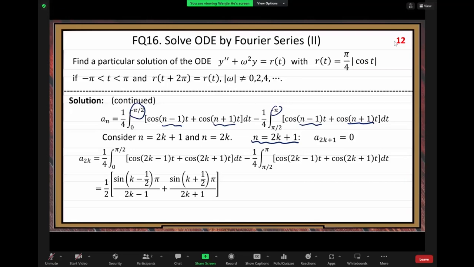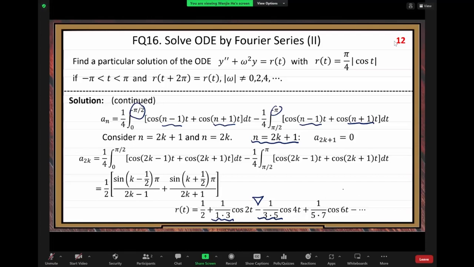So when k equals 1, 2, 3, and so on, if you do some calculation, you get coefficients like this. The sign changes alternately. All right, so at this point, we have the Fourier series expansion for the function.